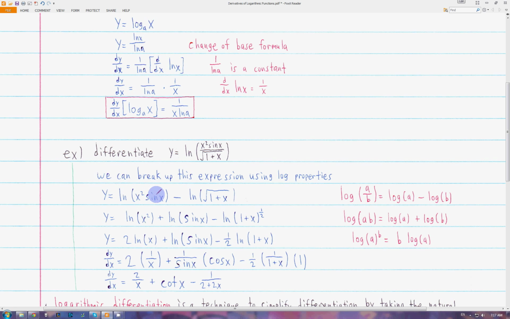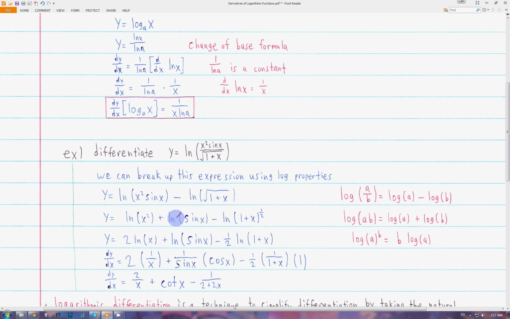So first we're going to use the fact that if we have the log of something over something, we can split it up into the log of the numerator minus the log of the denominator. And then after we do that, we can split up this part further, because the log of something times something is the same thing as the log of the first thing plus the log of the second thing.